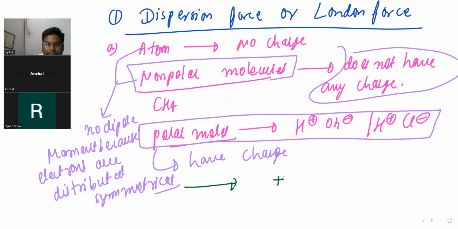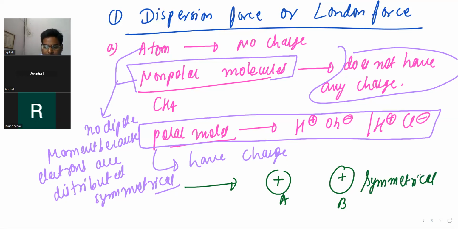Suppose this is the first atom, A, and this is atom B. So this is a symmetrical distribution of electronic charge cloud.